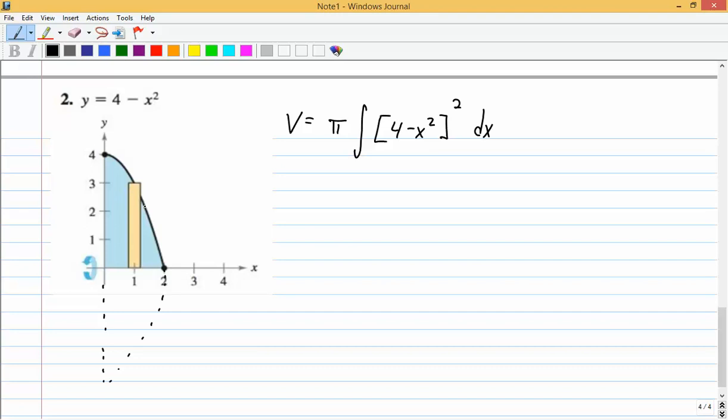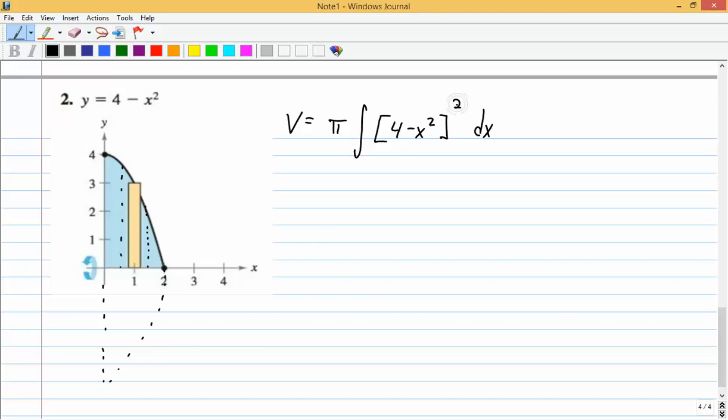See, this function is telling me the height of the disk at any point, and whenever you revolve that rectangle about the x-axis, that becomes the radius of the disk. And so this function will give us the radius of any disk that's revolved.